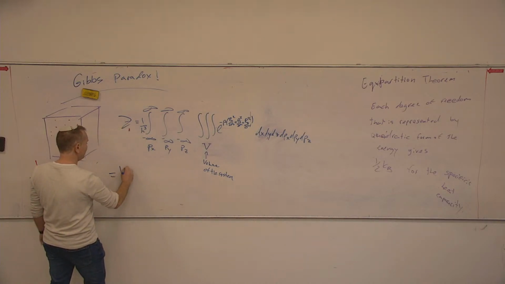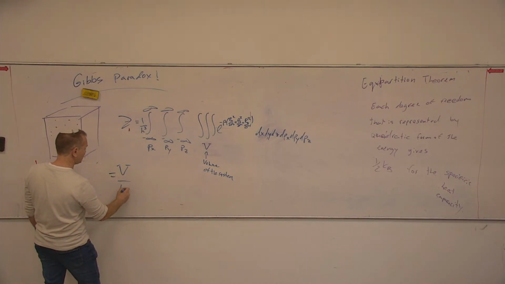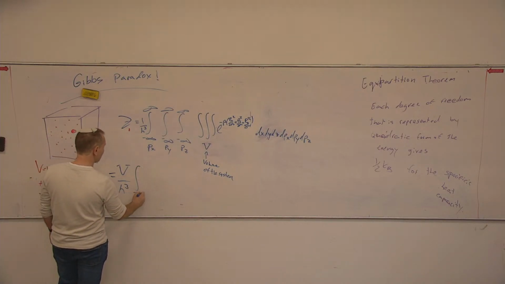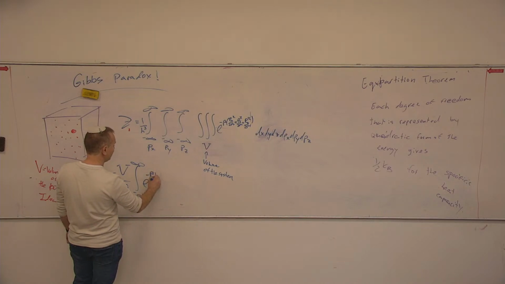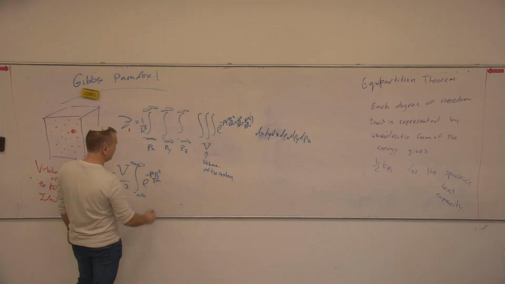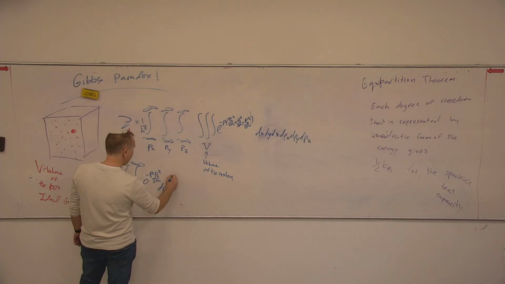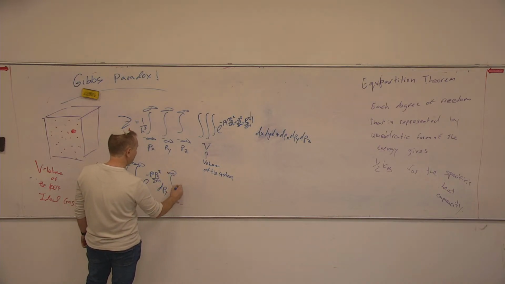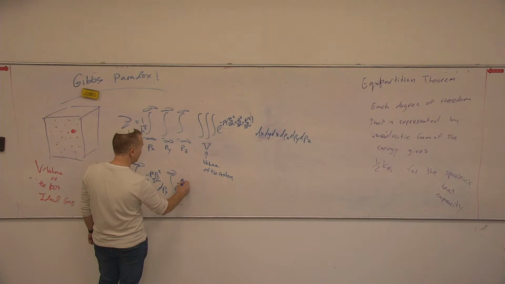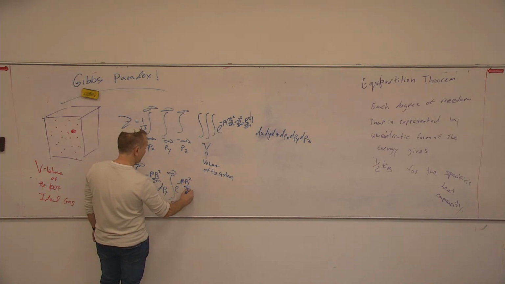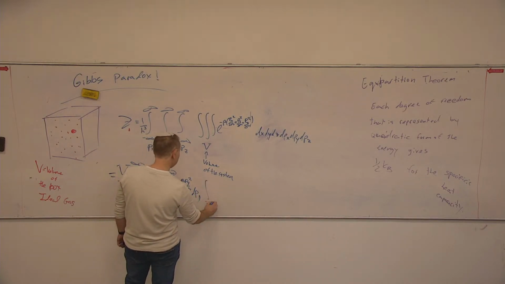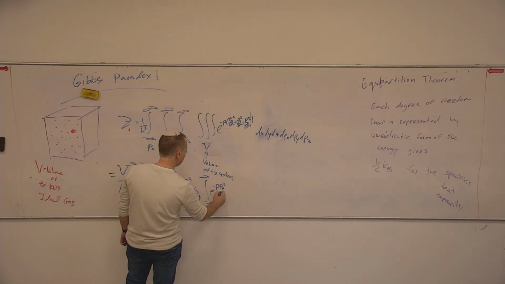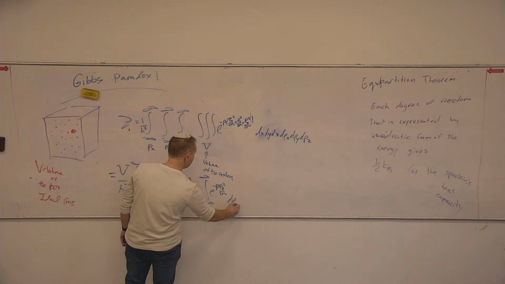So we have the volume of the system divided by h to the third, an integral from minus infinity to infinity of e to the power minus beta px squared divided by 2m dpx, an integral from minus infinity to infinity of e to the power minus beta py squared divided by 2m dpy, and an integral from minus infinity to infinity of e to the power minus beta pz squared divided by 2m dpz.